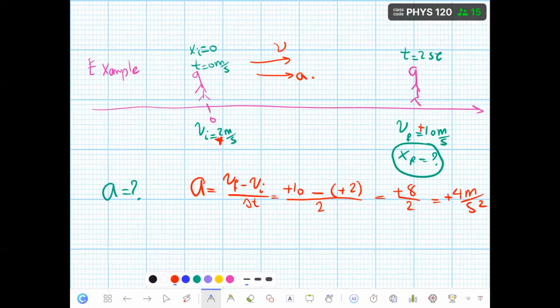Average v. Let me just write down the equation. X final equals x initial plus this v times delta t. What is this v? Average velocity, yes?